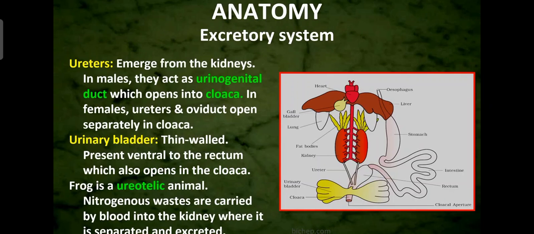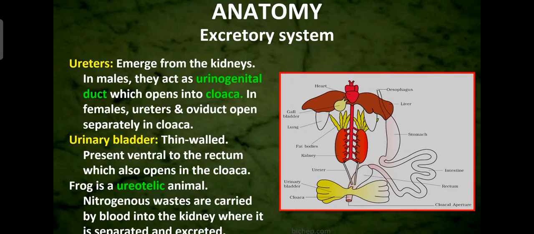Urinogenital duct means it is a common passage for the urine as well as the sperms. In the cloaca the digestive waste is excreted, then urine is excreted and also the sperms. So the cloaca is a common chamber.